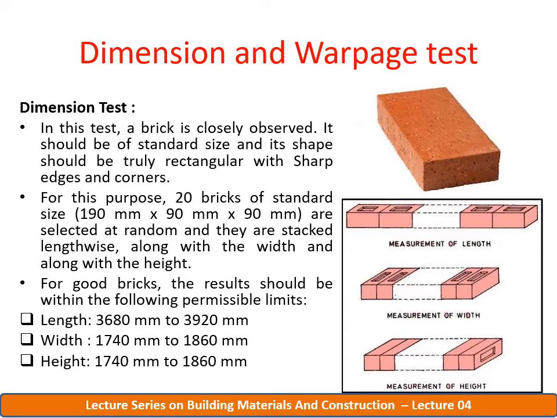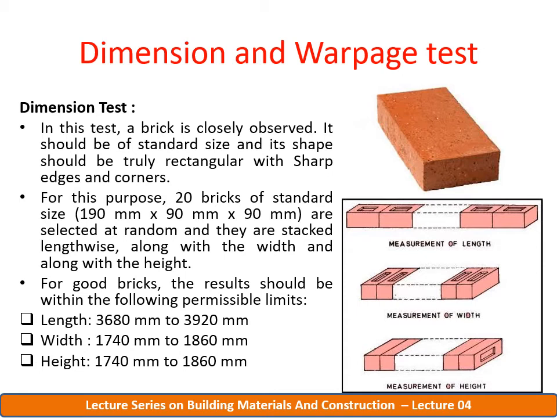For this purpose, 20 bricks of standard size 19 by 9 by 9 centimeter are selected at random and they are stacked lengthwise, along with the width and along with the height as shown in this figure. So here they have shown measurement for the length, and this is measurement for the width, and this is measurement for the height.